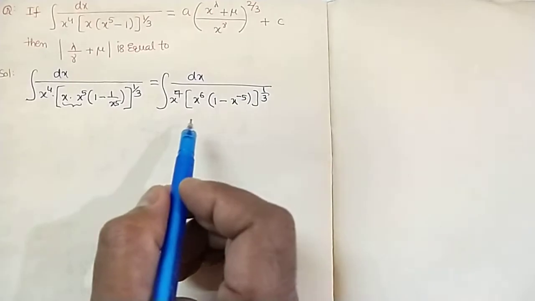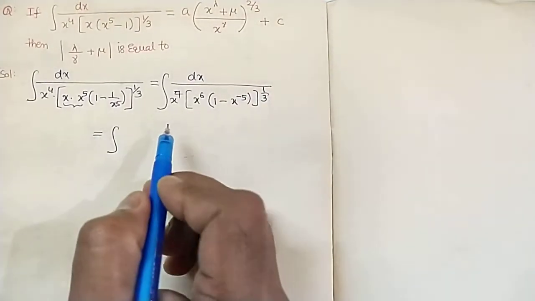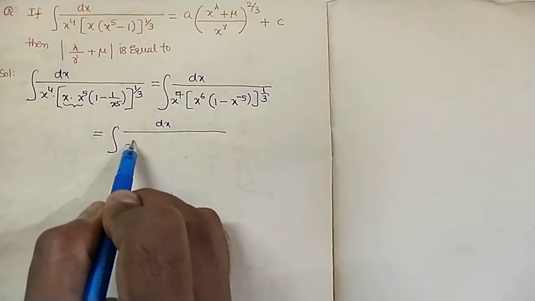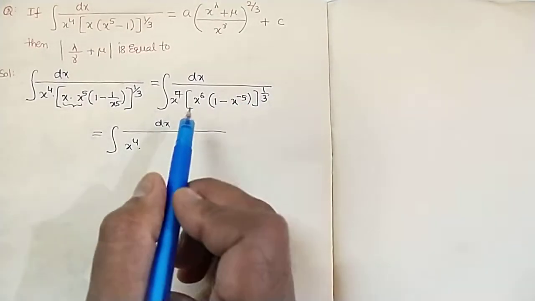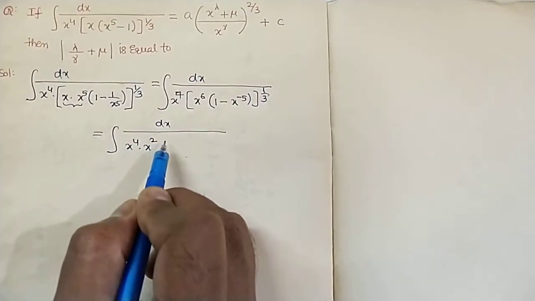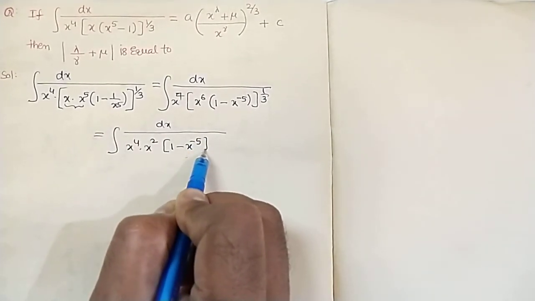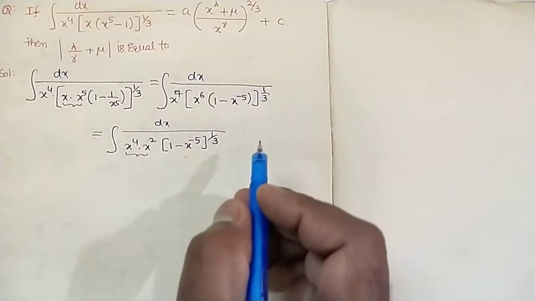...into 1 minus 1 by x power 5, which can be written as x power minus 5, whole power 1 by 3. Now simplify: the integral dx divided by x power 4 into x power 6 whole power 1 by 3. It will become x square into 1 minus x power minus 5 whole power 1 by 3. Bases are equal, so powers should be added.